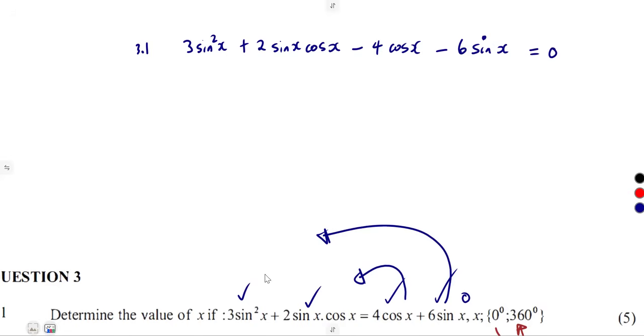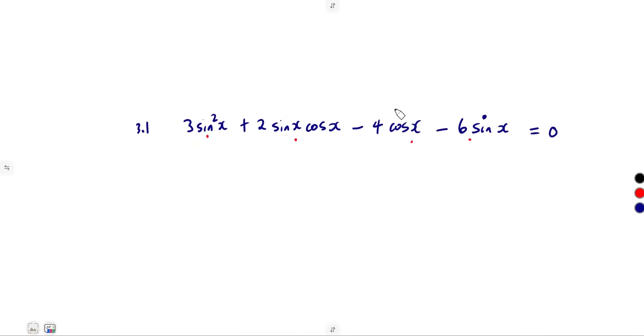We took all the terms to the left hand side. Having our 4 terms, as I mentioned before, 1, 2, 3, 4, we must figure out factorization by grouping. Given 4 terms, factorization by grouping.